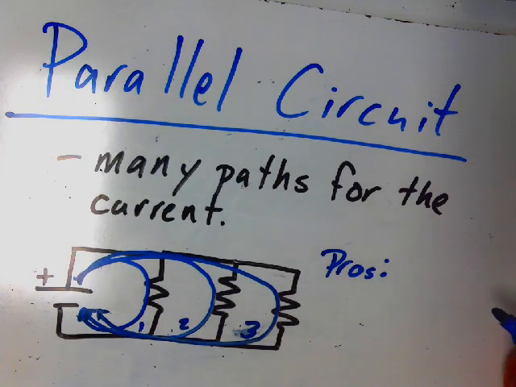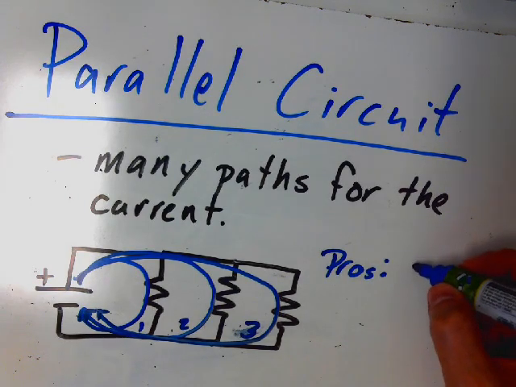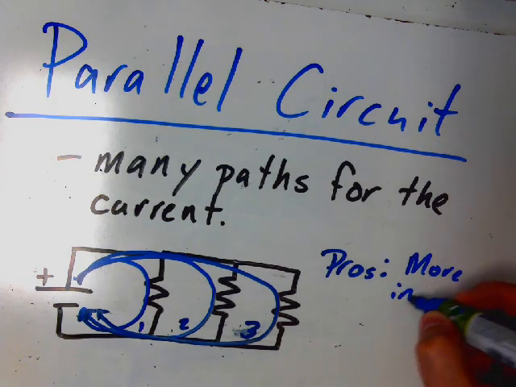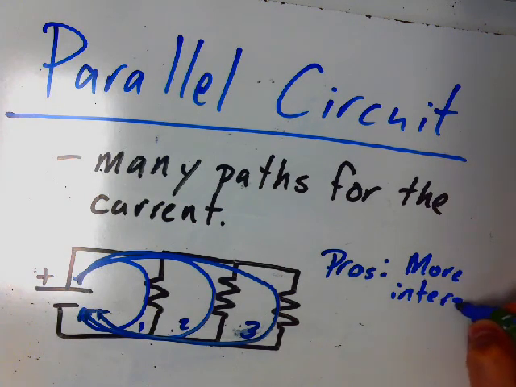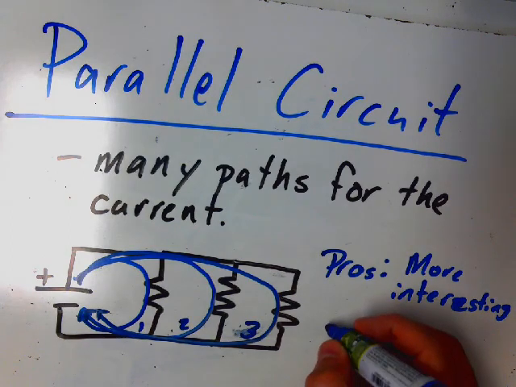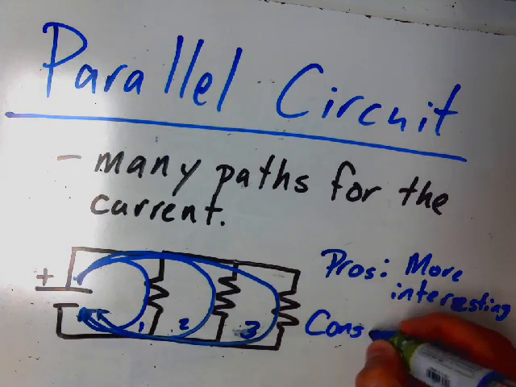Now, parallel circuits have their own pros and cons. So the pros for parallel circuits is that they're more interesting. Basically, I'm never going to be able to make like a computer if it's just series circuits. I need to have parallel paths to do things that we would consider interesting with electricity.